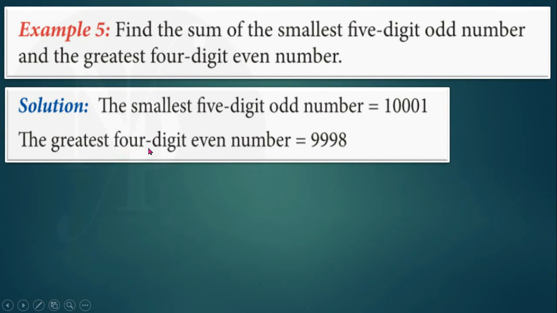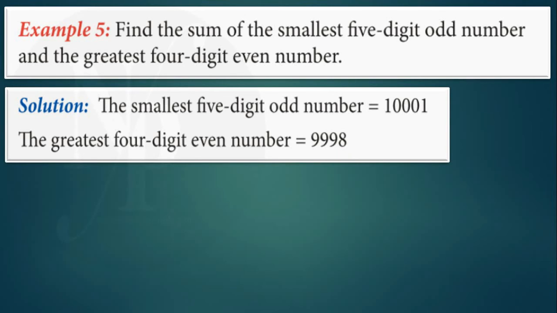The greatest 4-digit even number is, so we know that the greatest 4-digit number is 9,999, but it is an odd number. So we need the greatest 4-digit even number. So 1 less than 9,999 is 9,998, which is an even number.